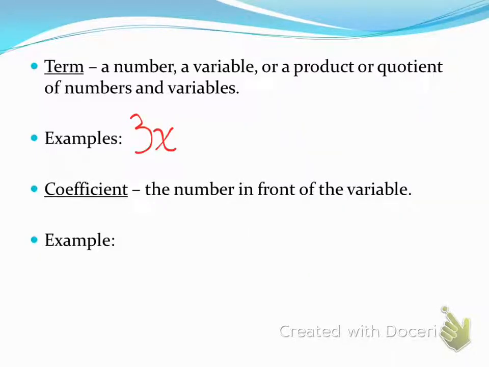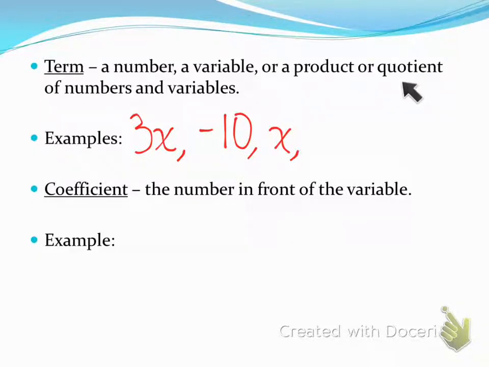Okay, that's a term. That would be considered a product of a number and a variable. Right? We don't write the multiplication sign in between them. It could just be a number, like -10. It could just be a variable, like x.